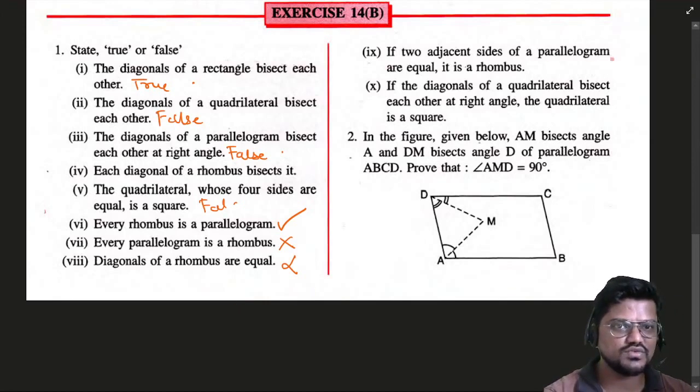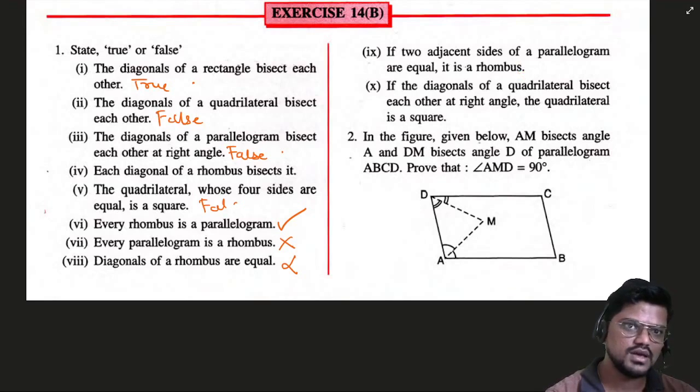If two adjacent sides of a parallelogram are equal, it is a rhombus. Is it true? Shlok, can you please tell? If two adjacent sides of a parallelogram are equal, is it a rhombus?